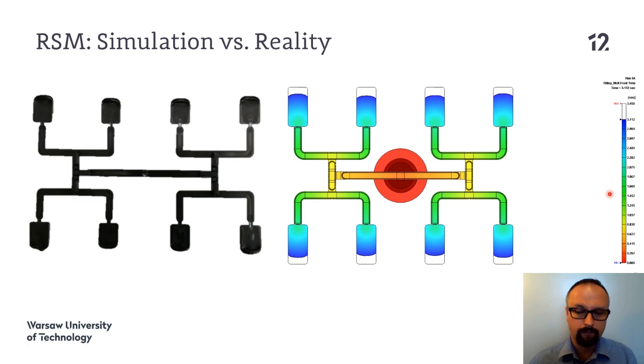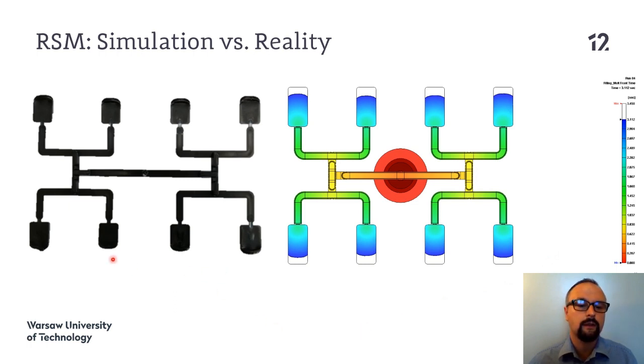So at the stage of optimizing, of building models, generating and acquisition of all this data, we use only Moldex3D without any other experiments so far. And at this stage, we would just like to check if the prediction of this optimal setting is correct, and it corresponds somehow to the reality.